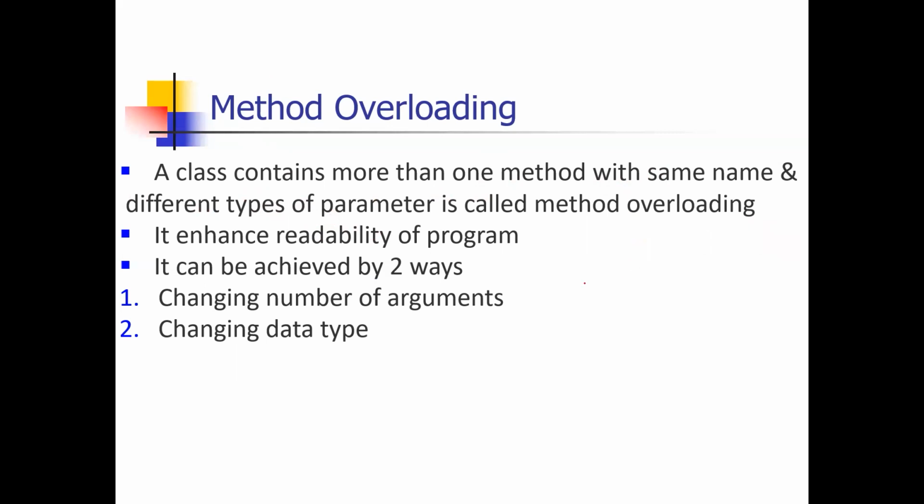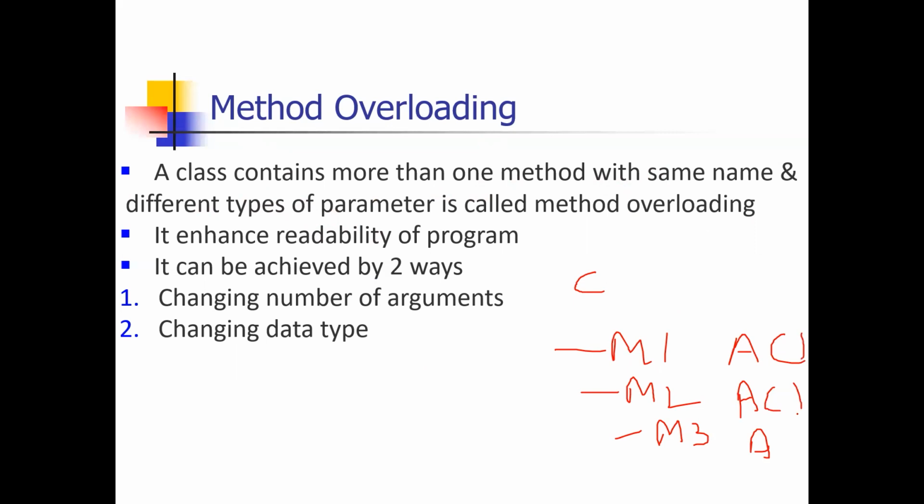Means in a class, there are different methods: method 1, method 2, method 3, method 4, various methods. But names are the same. Suppose the name is A. Names are the same, but signatures are different. Parameter declarations are different, maybe parameter size or parameter type is different.